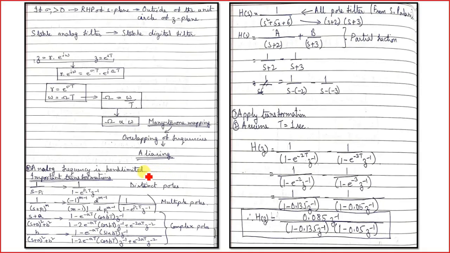Now over here we have seen the relationship between the analog frequency, which is represented by the symbol Omega, and the digital frequency omega. It is given by Omega, the analog frequency, equal to digital frequency divided by T. And from here we have deduced that analog frequency is directly proportional to the digital frequency.